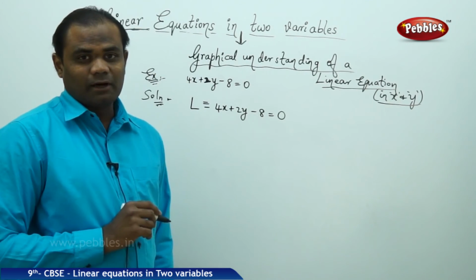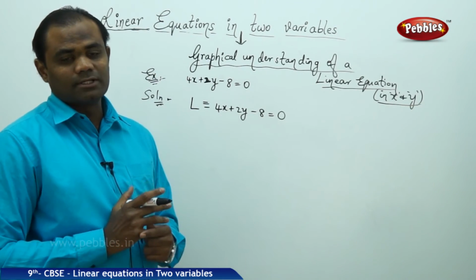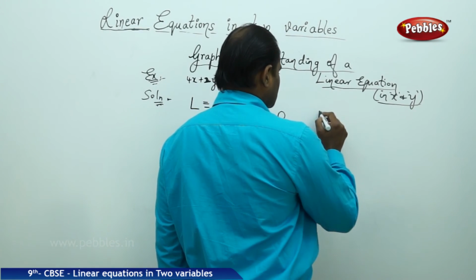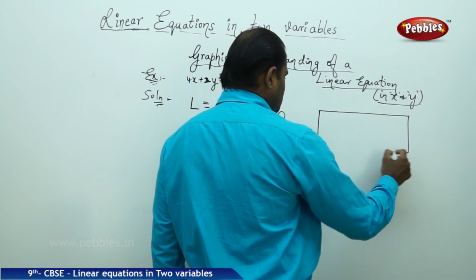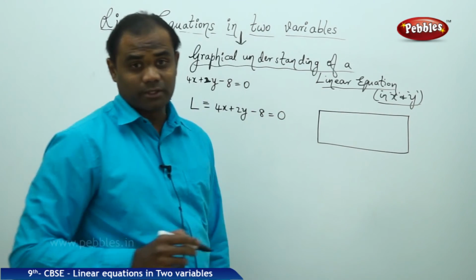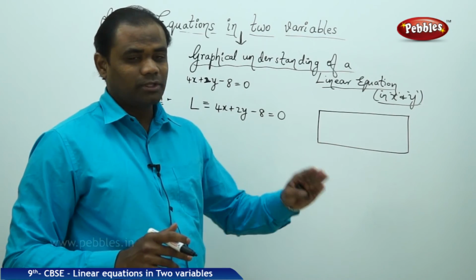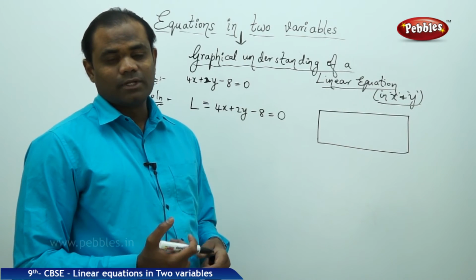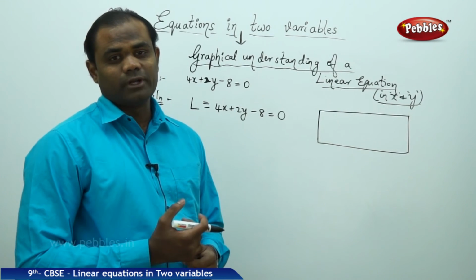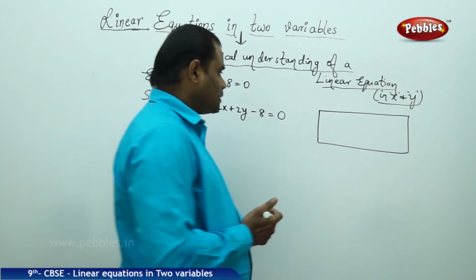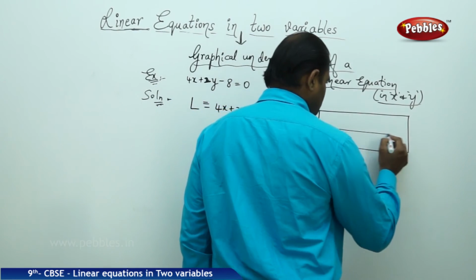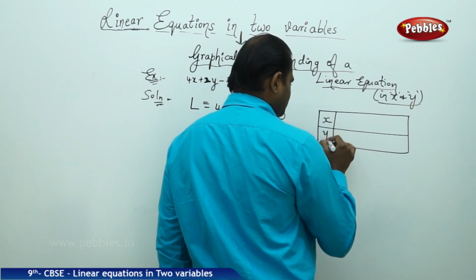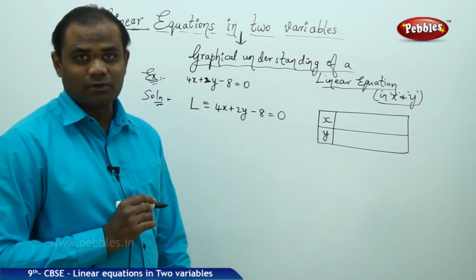Now, when connected with the graph, the first thing I do is consider the table of values. So when a linear equation is given, I take a set of values to graph the points. Once I plot the points, I join them, and those points will define this equation. So let's see how we can identify the points to be plotted. I take the variable x and the variable y in each of the rows.